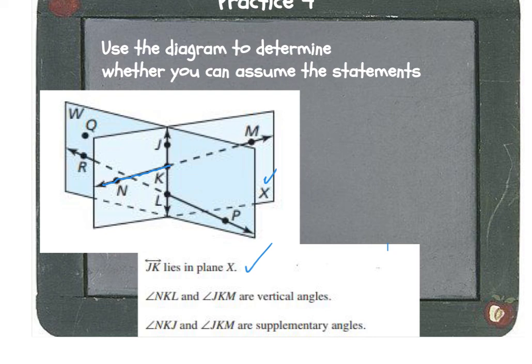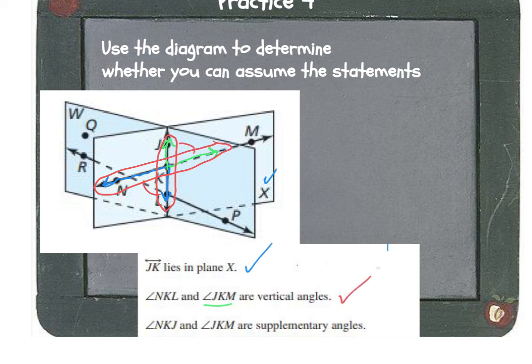Angle NKL and JKM are vertical angles. Well, we can see that this line and this line intersect at K, and this angle is opposite this angle, so this one is correct.